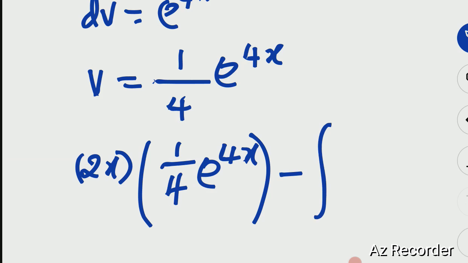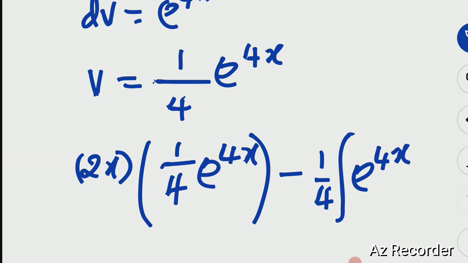Our v here is 1/4 of that, so I can factor out that 1/4 and send this inside.